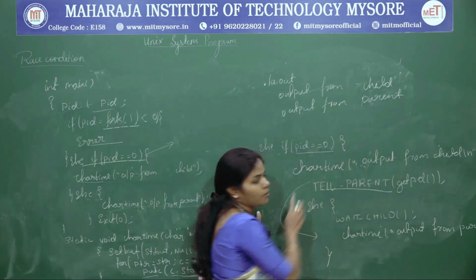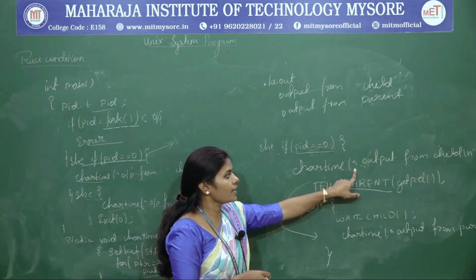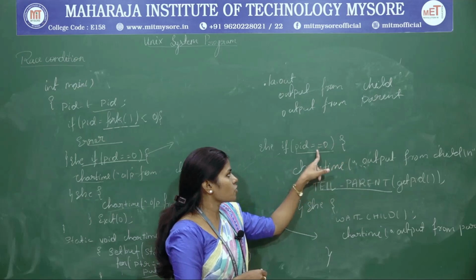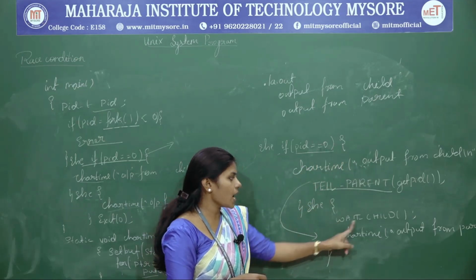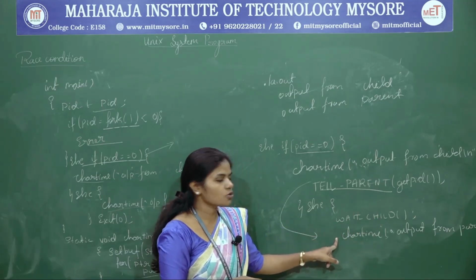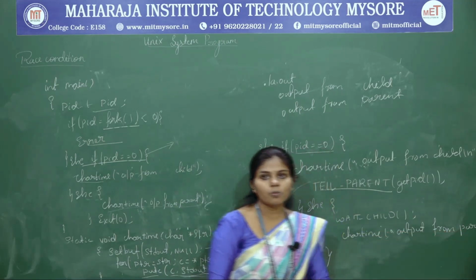If the PID is equal to 0, then it gives the control to the child first. If it is not equal to 0, it comes to the else part and tells the child to wait. Next, the parent displays the message, that is output from the parent.